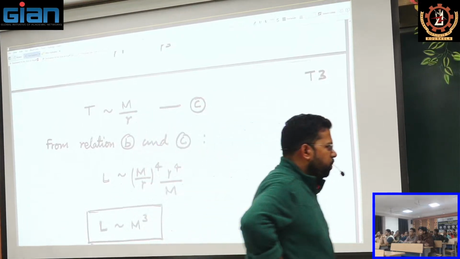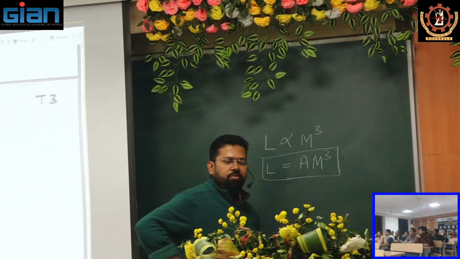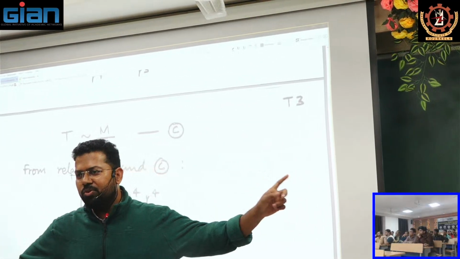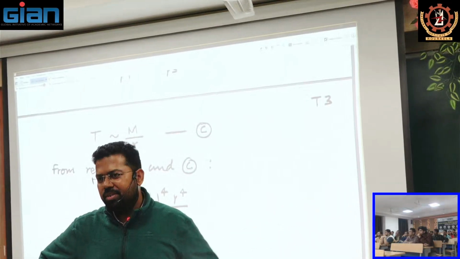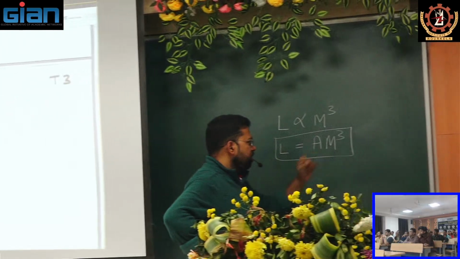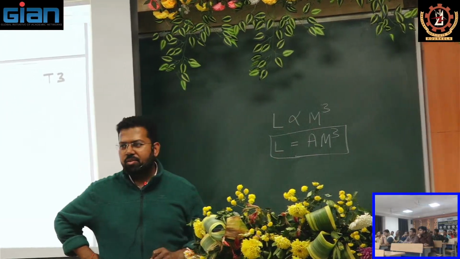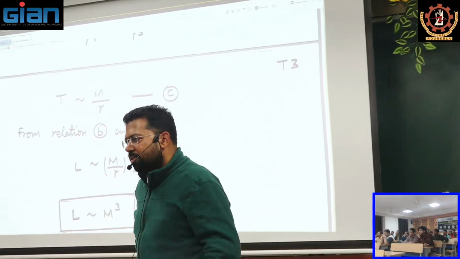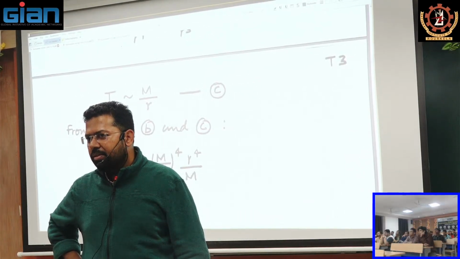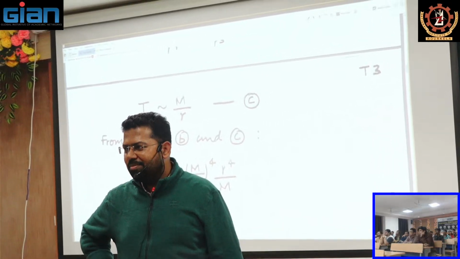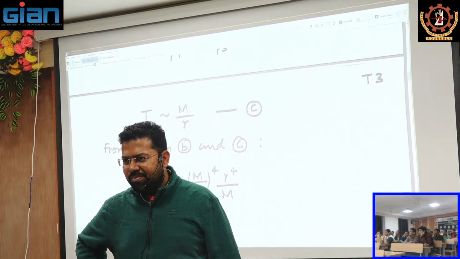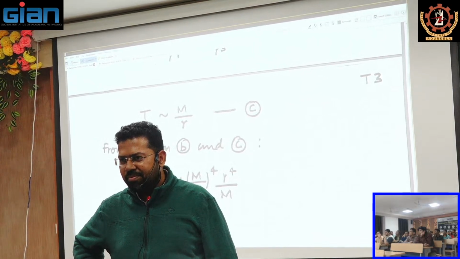This expression is actually telling us that if you tell me the mass of the star, then the luminosity of the star is being fixed by the mass. So you specify the mass of the star, and the luminosity is fixed.